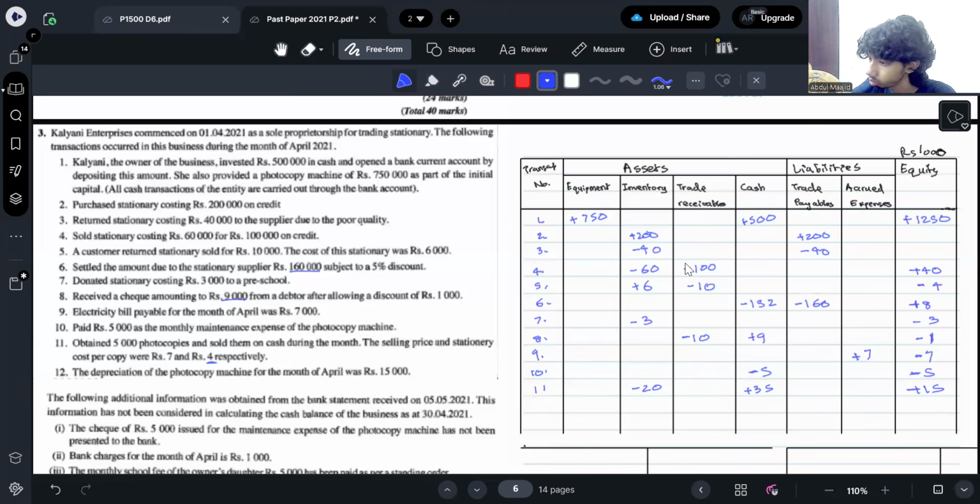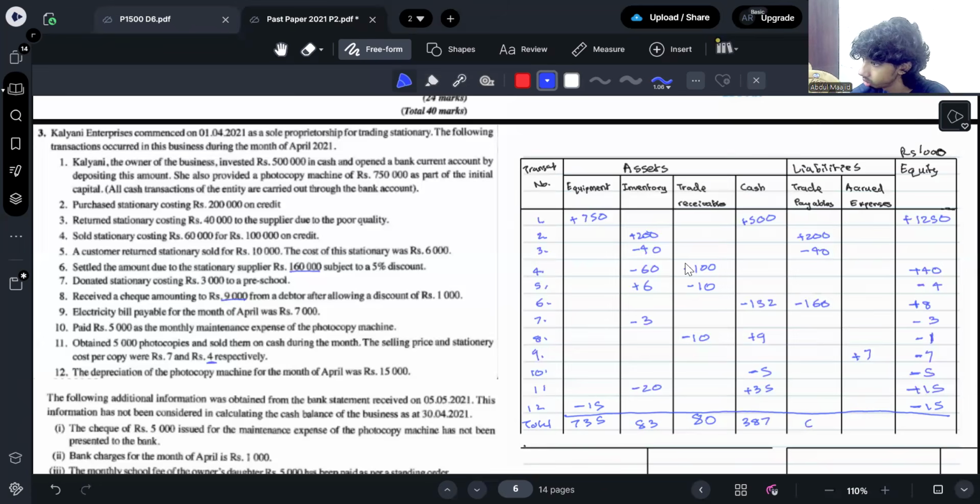Then you can do the 12th one. The depreciation of the photocopy machine for the month of April is 15, equipment minus 15, equity minus 15. Then you can get the total finally. So this is going to be 735, 200 minus 100 plus 6 minus 3 minus 20, that is 83, 80, 387.